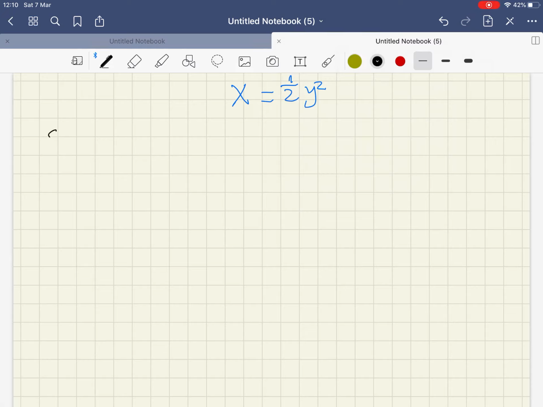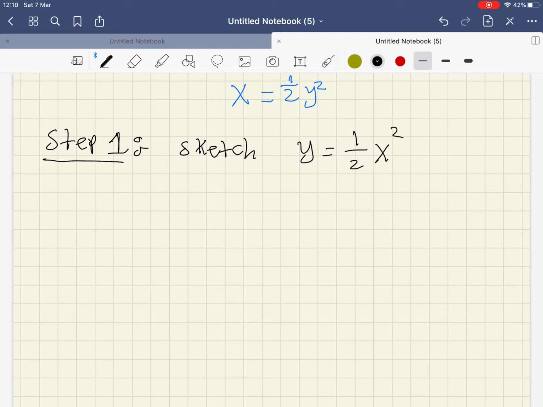The first step, sketch the usual function. So sketch y equal half x squared. This is a parabola, okay? It's upward because the number in front of x squared is positive. And the vertex would be given by x equal negative b over 2a.